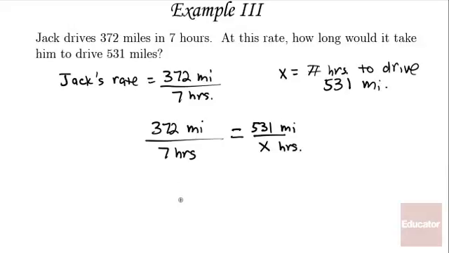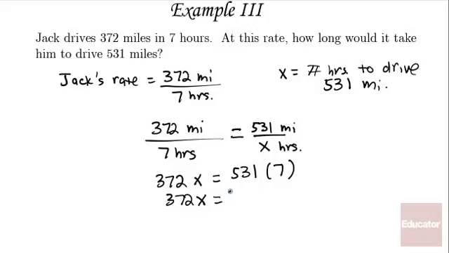Find the cross products, which will give you 372x equals 531 times 7. Therefore, we have 372x equals 3717. Let's multiply that out for you. And then to isolate the x, divide both sides by 372.